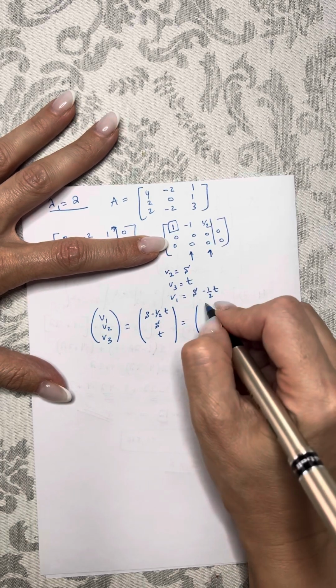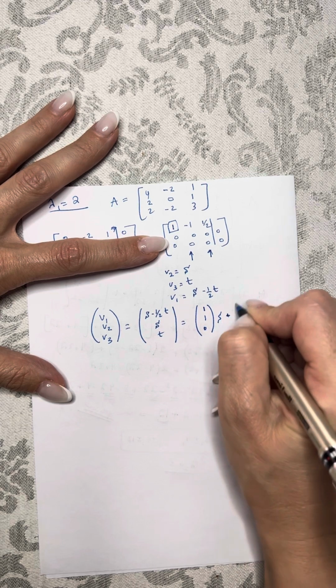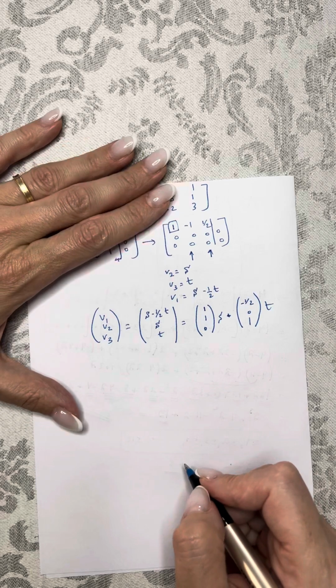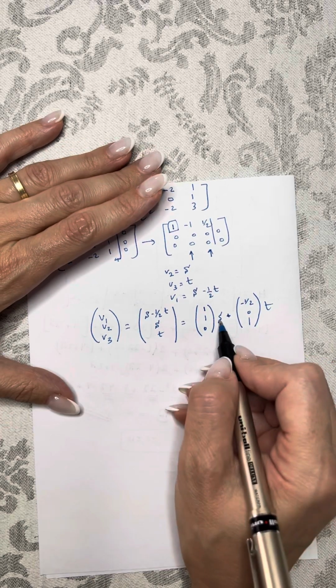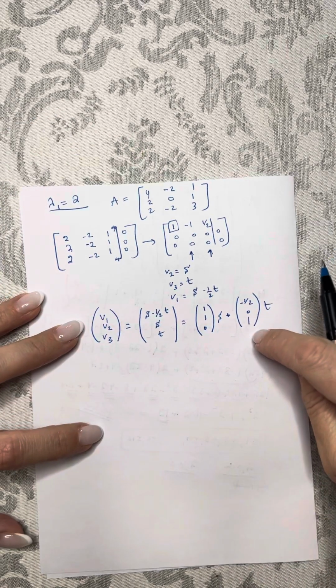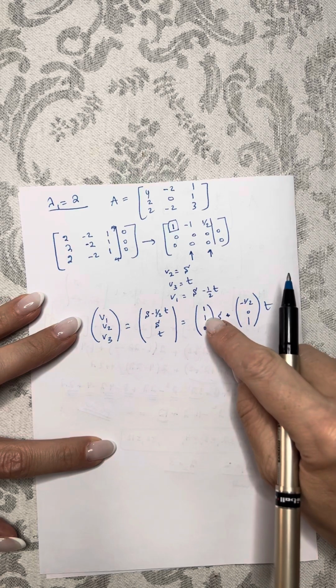This means if we split, we'll get 1, 1, 0 S and minus half, 0, 1 T. This means for S equal to 0 and T equals to 1, we get minus half, 0, 1 as an eigenvector. And for T equals to 0 and S is 1, we get 1, 1, 0 as an eigenvector.